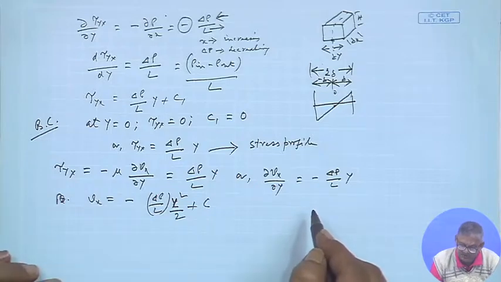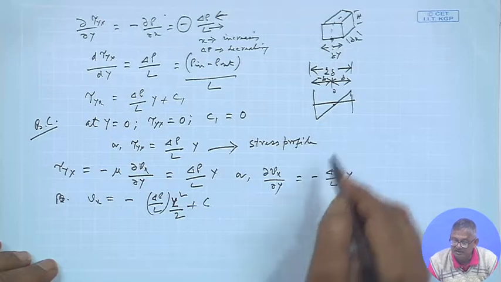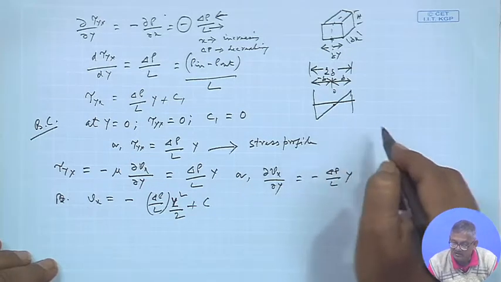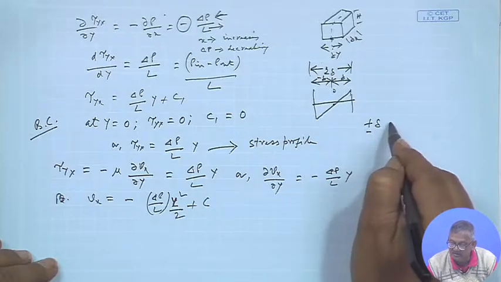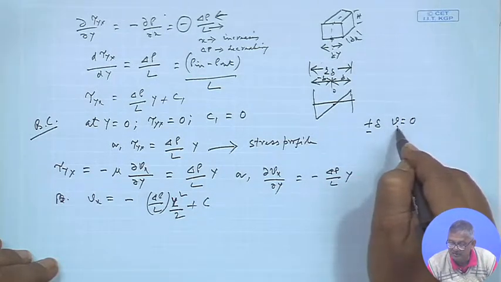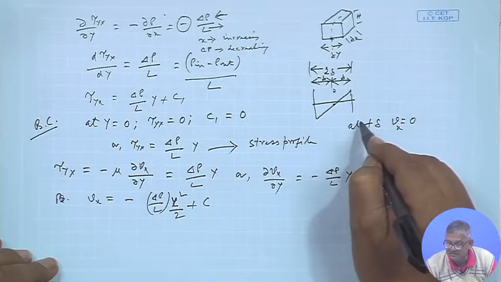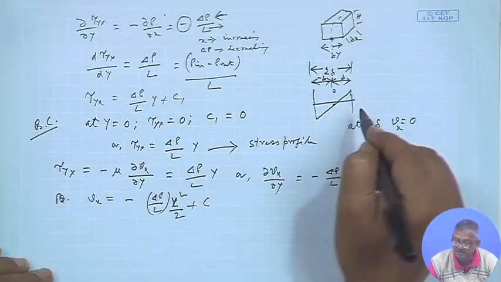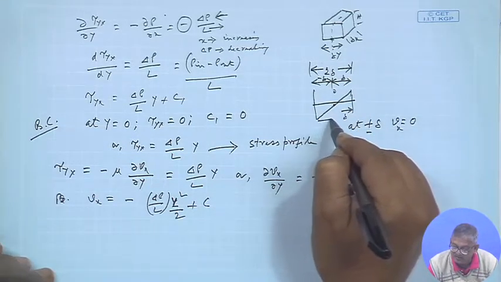So, if we put the boundary, what is the boundary? The boundary is at plus del or minus del, v x is equal to 0, because plus del is at the wall and minus del is also at the wall.